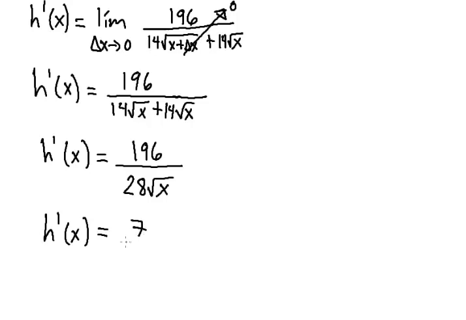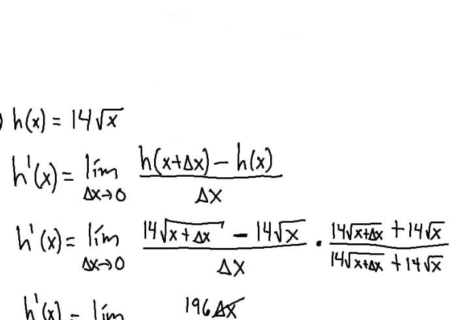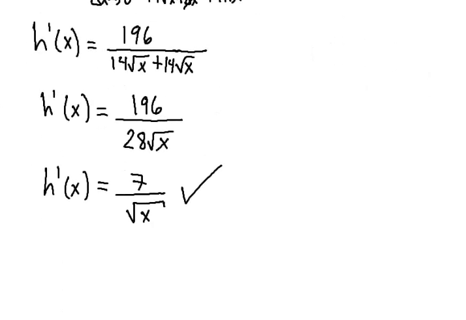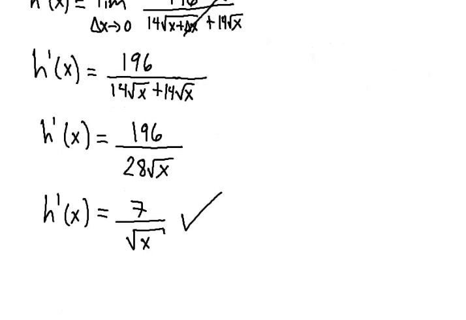So I will put in here 7. And this one, notice that this one is under the line, right? It's down. You need to copy it where it is. It is still down. Now I cannot divide anything else. That means this will be the answer for the exercise. So the derivative of 14 square root of x would be, in this case, 7 over square root of x.